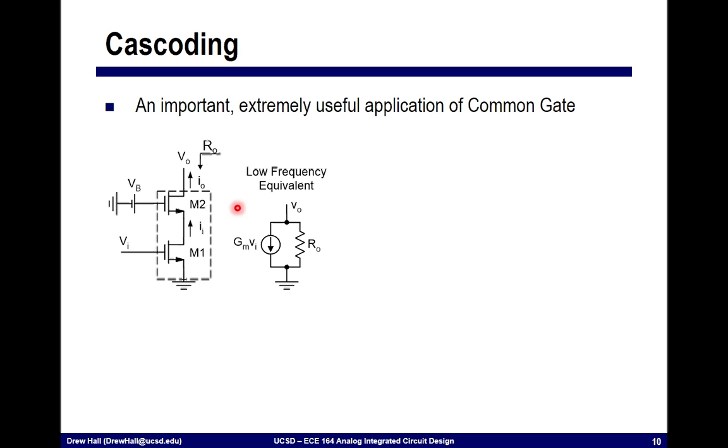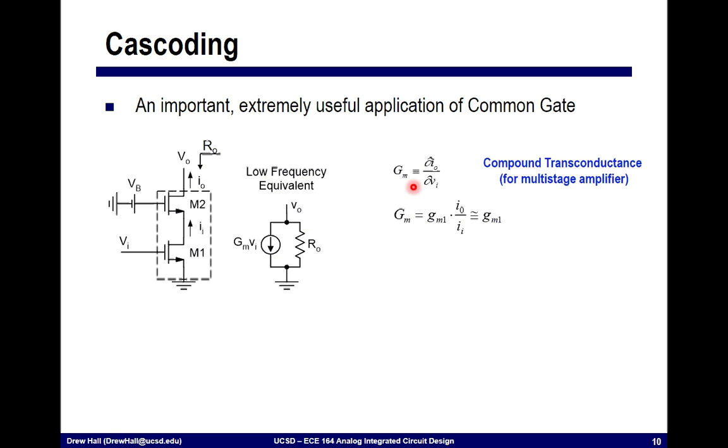So we can write a low frequency equivalent of this circuit where we have this capital GM, and I'm using capital GM here to refer to the compound transconductance. Since this is no longer a single stage amplifier, I'm referring to the GM of this entire stage comprised of both M1 and M2. Likewise, I have an output impedance Ro.